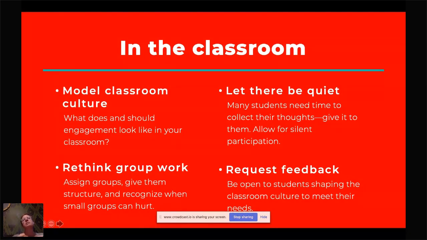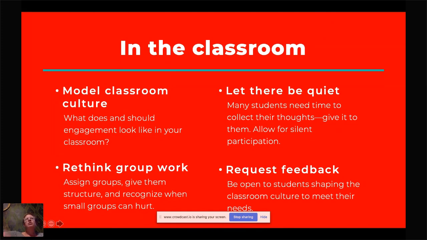So if the material is really sensitive about, say, violence or race or gender or sexuality, sometimes I'll avoid doing small groups just so that there's not a small group that I lose track of that goes off the rails and creates a really negative experience for a student who's minoritized.